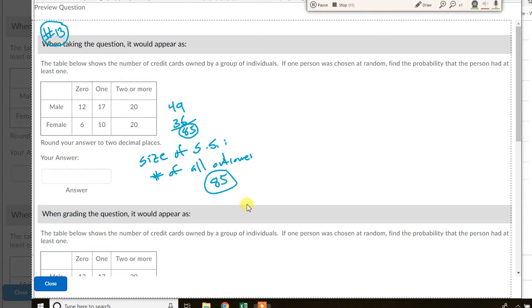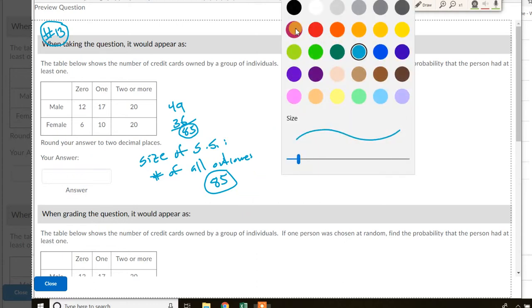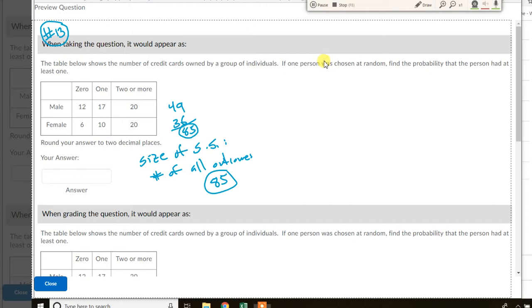Now, the next question is, of these 85 outcomes, which ones are in the event that we're being asked about? So what's the event? What's the special singled out set of outcomes? And the answer is at least one credit card. So at least one means either one or higher.